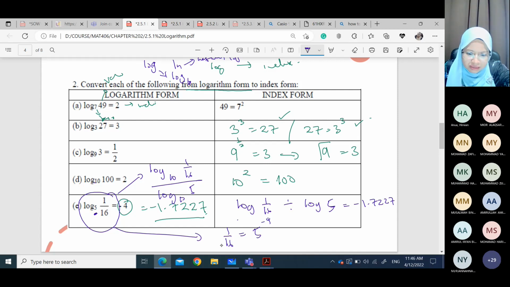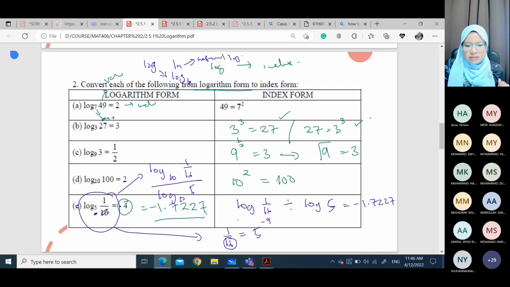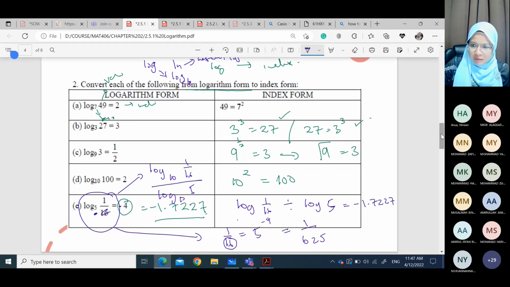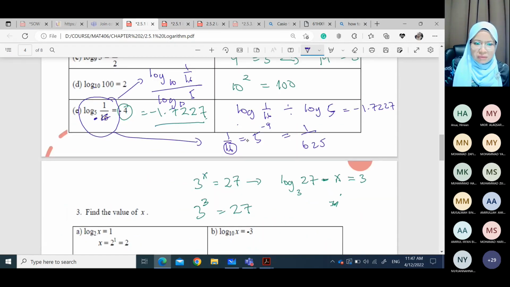Okay, actually 1/16 salah ni. Sepatutnya, berapa tadi kita kira? 5 to the power of negative 4. Nilai dia adalah 1/625. Soalan 5E tu ada kesilapan.